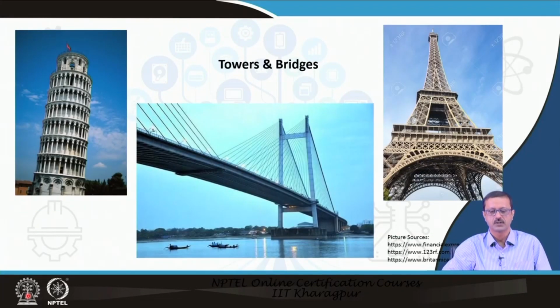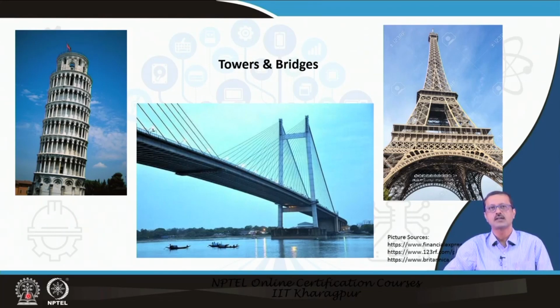There are also towers and bridges. The Eiffel Tower or the Leaning Tower of Pisa is a wonderful example of structural systems. It still stands after quite a long period of time. The central picture is the Vidyasagar Setu of Kolkata city, which connects Howrah and Kolkata over the river Ganga.